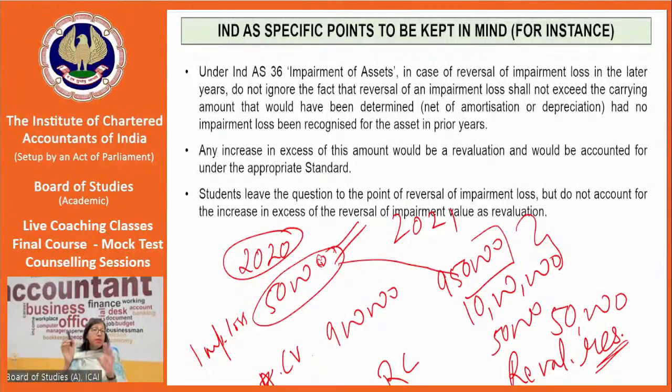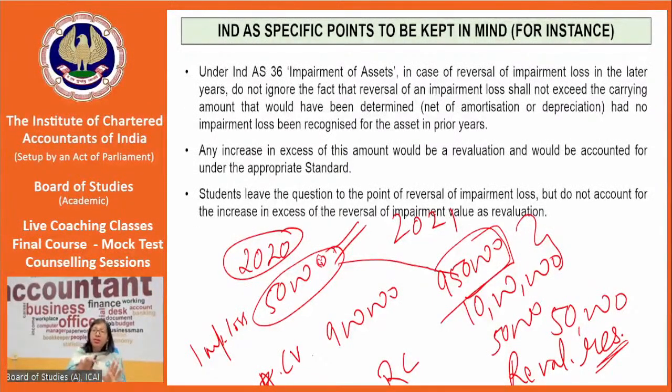What is very important is that you take care of what is required in the question. If the question asks you to give the treatment of impairment loss, or the treatment of reversal of impairment loss, then restrict your answer till 9 lakh 50,000. Fine.